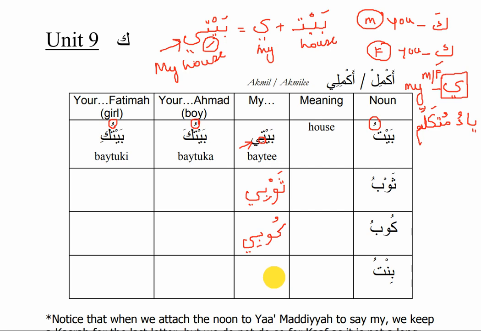Binti, bint with the ya attached, binti. Now thawbuka, kubuka, the dhamma will remain.